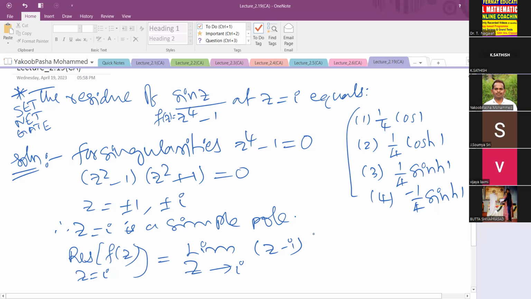So this is equal to minus 1 by 4i into sin i. That is nothing but i by 4 sin i. Now sin i can be written in terms of sinh 1. This is the answer.